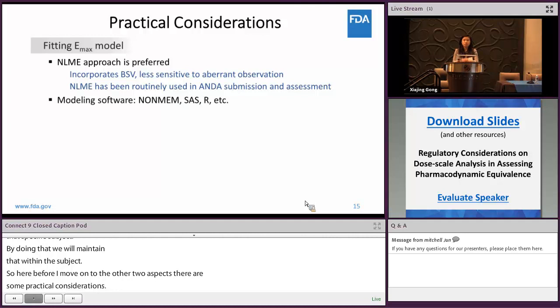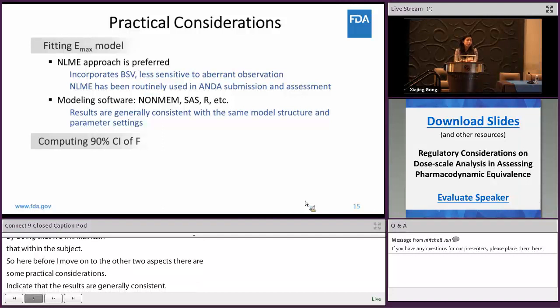And in the ANDA submissions, we've seen the dose scale analysis implemented in various kinds of software, including NONMEM, SAS, R, Pharm. And an internal investigation indicates that the results are generally consistent with the same model structure and parameter settings. And FDA has no requirement of which specific software you should use.